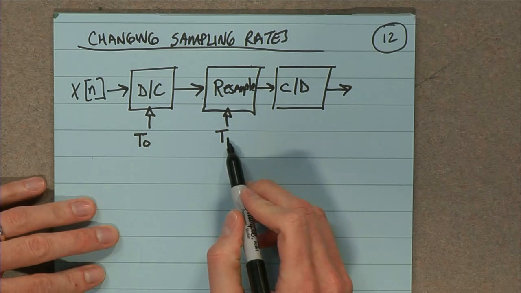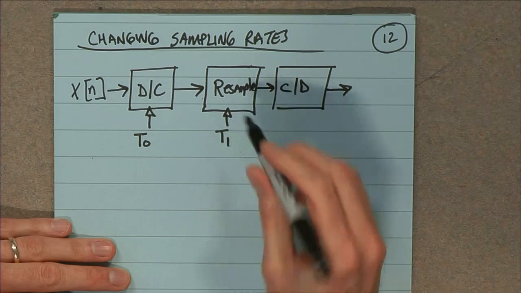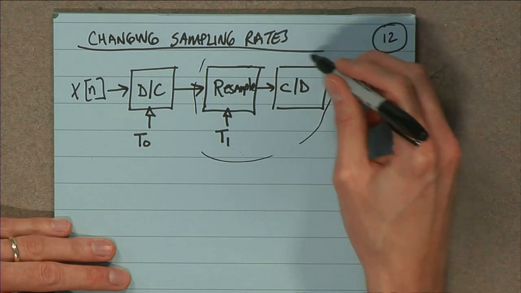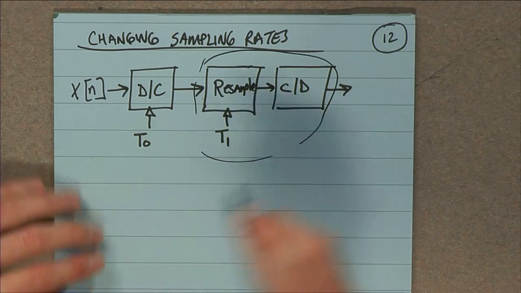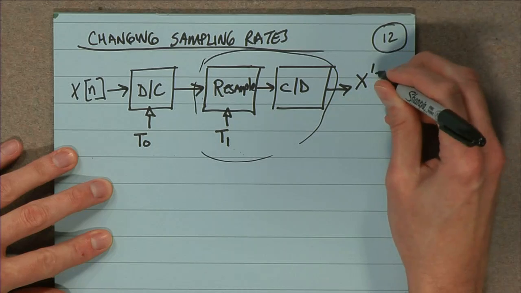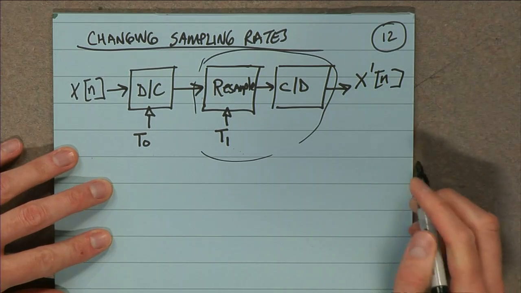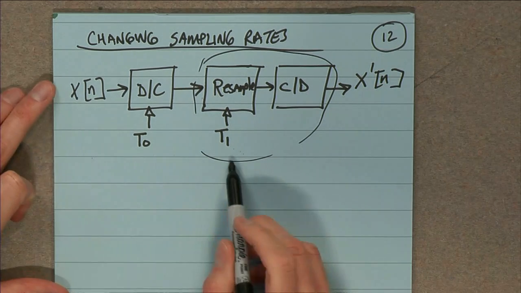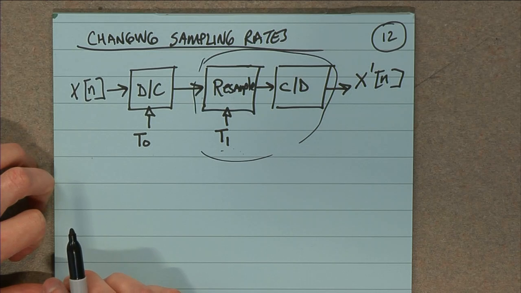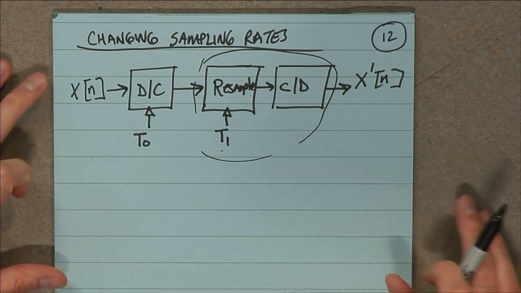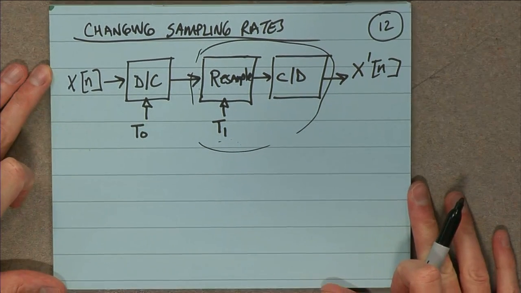So we could resample it even in continuous time, or we can make this one kind of D to A converter, and then we'll end up with what we'll call X prime of n. And it's basically the resampled version of this, resampled with the new period, T1. Now, why don't people do this in practice?